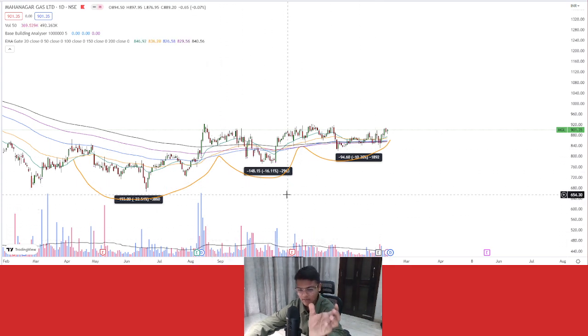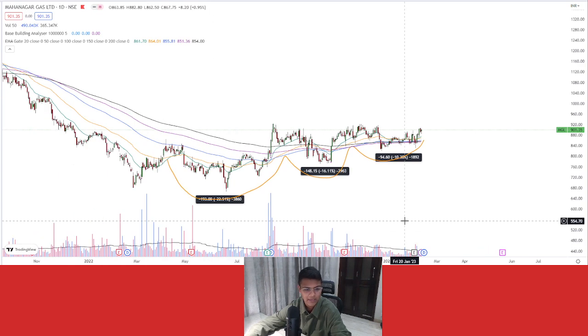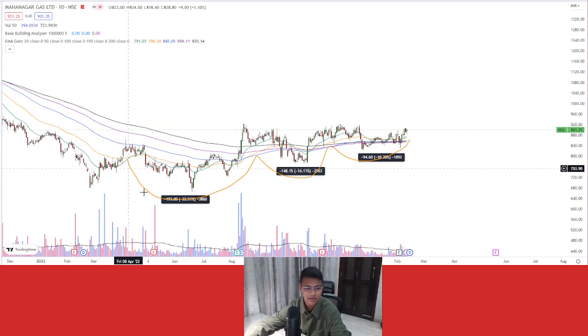You can observe that here. More or less the volume has stayed under the 20-day moving average, which indicates that there has been an accumulation of the stock in this time frame from our reference point here on 7th April 2022 to 10th Feb 2023. So this is what we have seen.